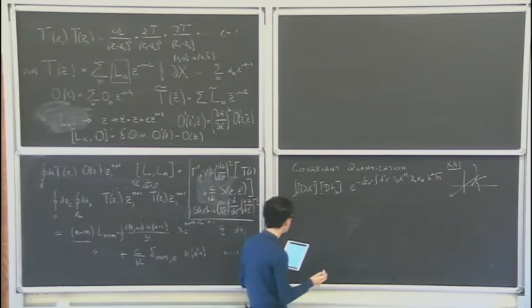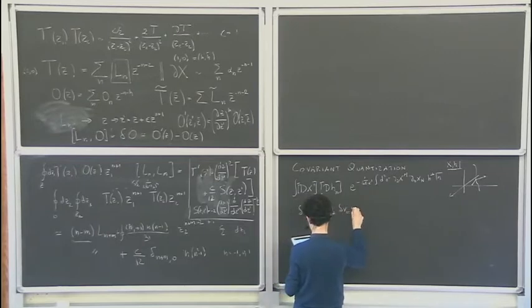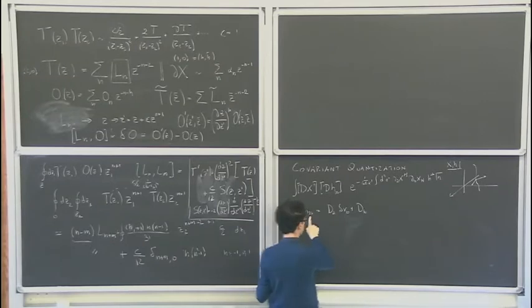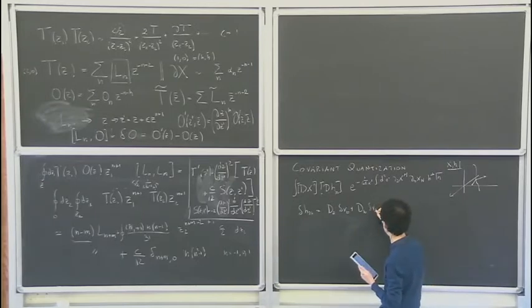So let me rewrite the generator of the gauge transformation that I brought in the first lecture. So this is the effect of an infinitesimal gauge transformation generated by the vector v on the metric. And then there is the infinitesimal Weyl transformation.